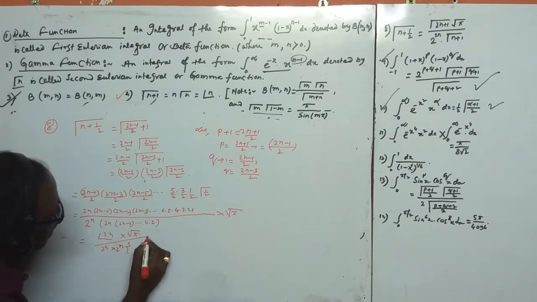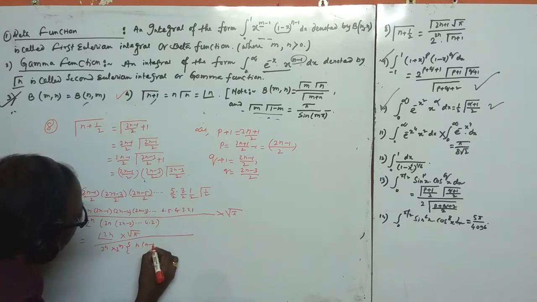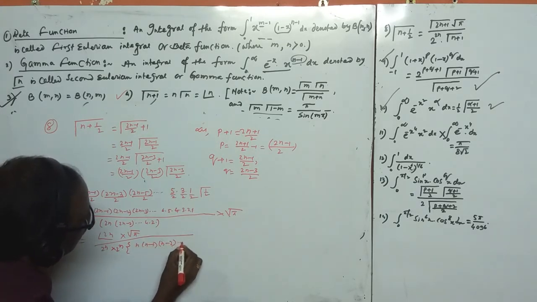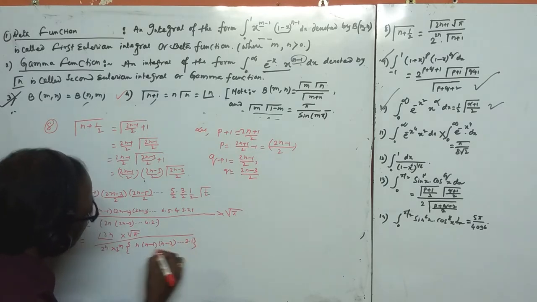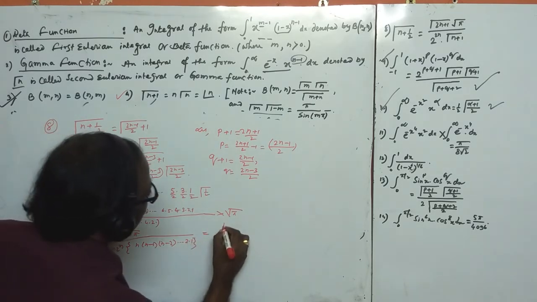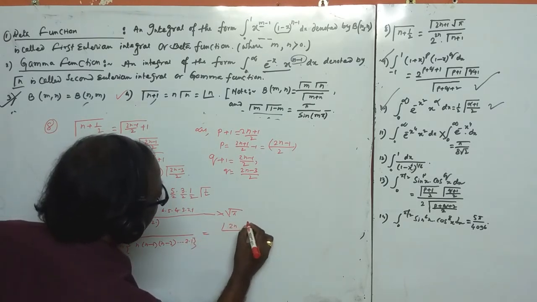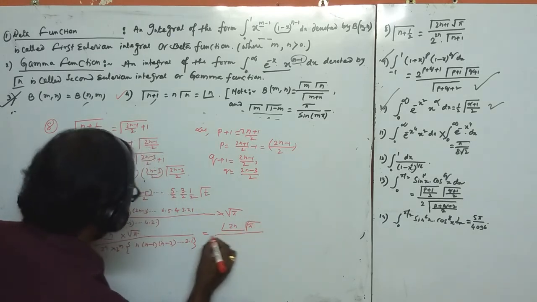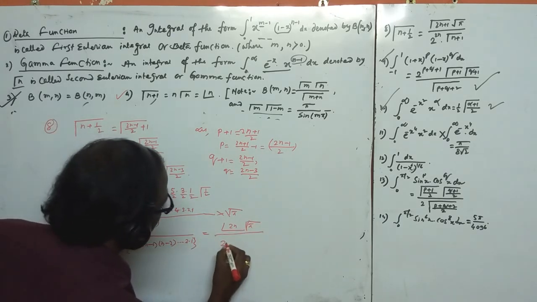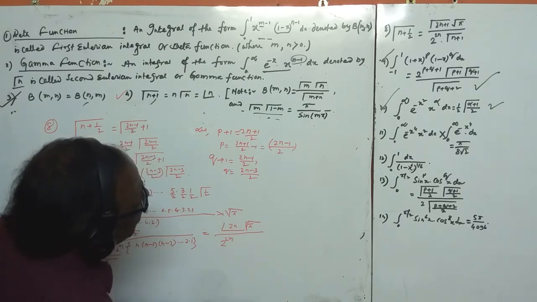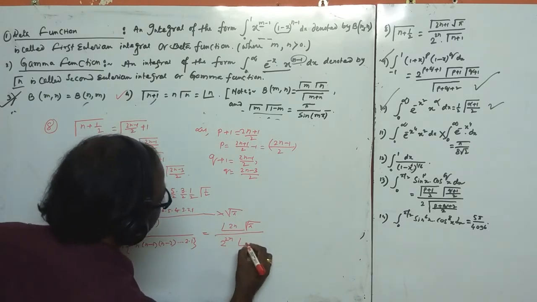The remaining are n, n minus 1, n minus 2, down to 2, 1. This is factorial n. So we can write factorial 2n times root pi over 2 to the power 2n times factorial n.